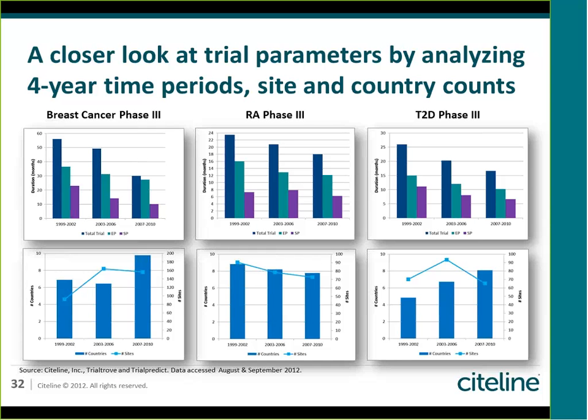In that case, both the number of sites and the number of countries run in parallel, and they show just a slight decrease across the time periods progressively. And on the final graph on the right-hand side for type 2 diabetes, yet another picture emerges, and that is that the number of sites shows a modest increase and a modest decrease across the 4-year time periods, and the number of countries progressively increases over those time periods.